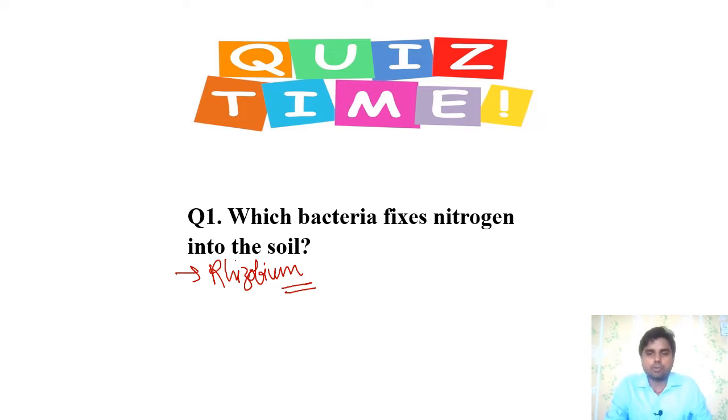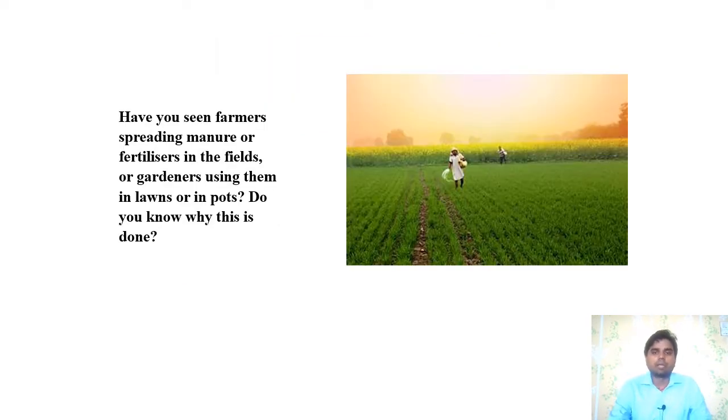Now moving forward, students, we will go to the man-made methods through which we can replenish the nutrients that are lost in one crop. Let's say we have cropped rice in one season, and now the nutrients that should be present in the soil are lost completely, and in the next season we have to crop wheat also.